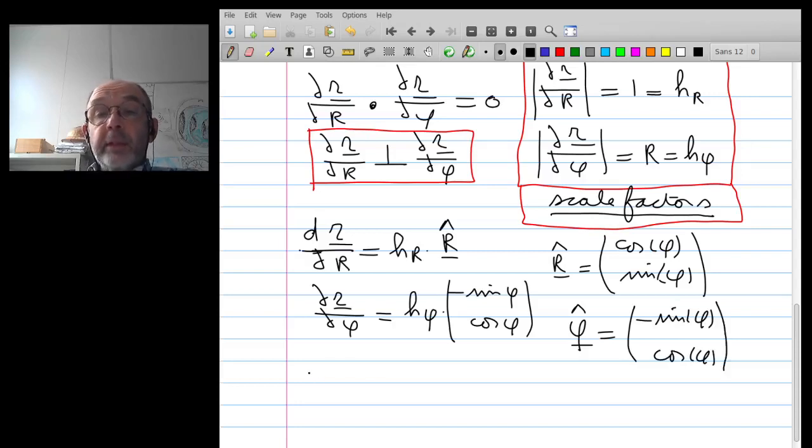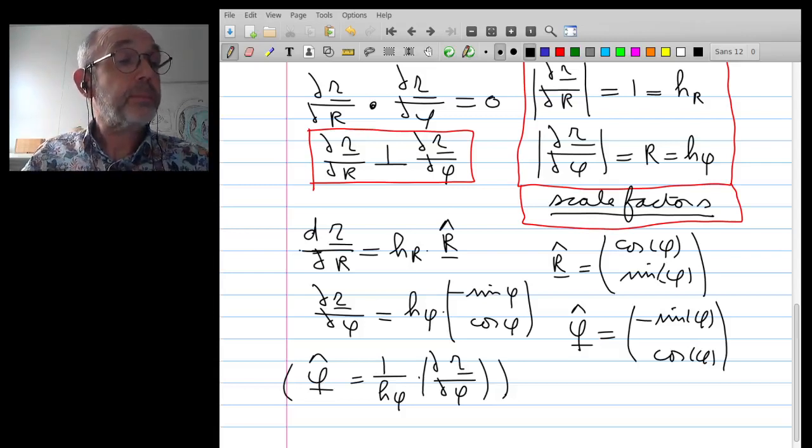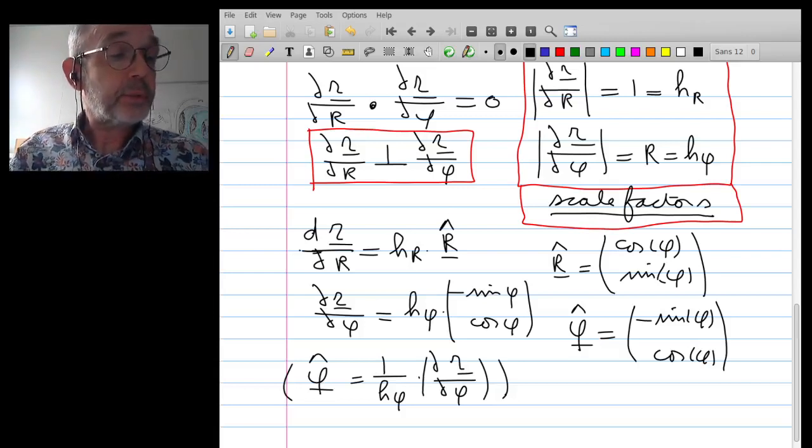So we can also say that that unit vector is 1 divided by the scale vector times the partial derivative of r to d phi. And this we can also write down, and you see also somewhere staying in Adams.